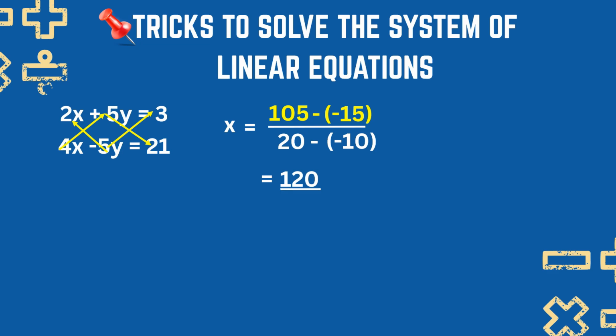So for our denominator, 20, we are going to add this to the product of negative and negative 10, which is equal to positive 10. So 20 plus 10 is equal to 30. Then we're going to solve for x. So 120 divided by 30, x is equal to 4.